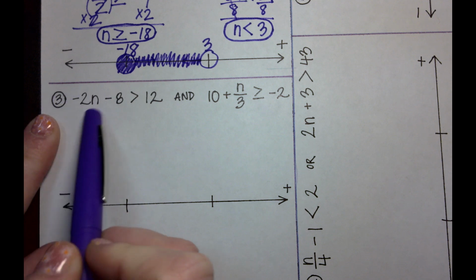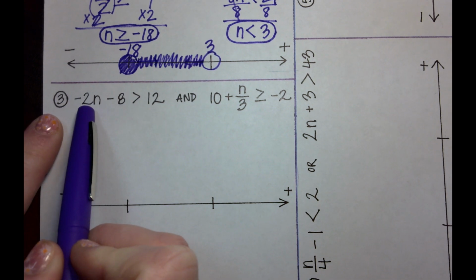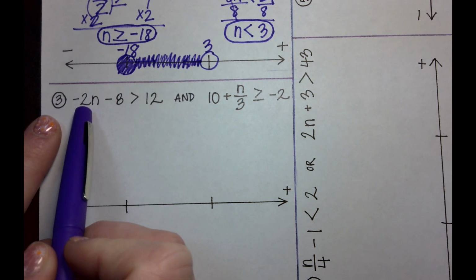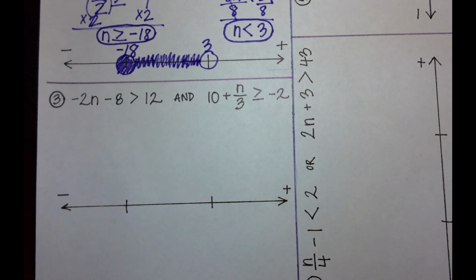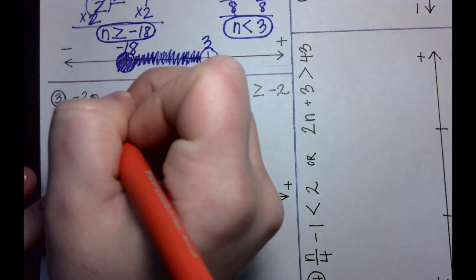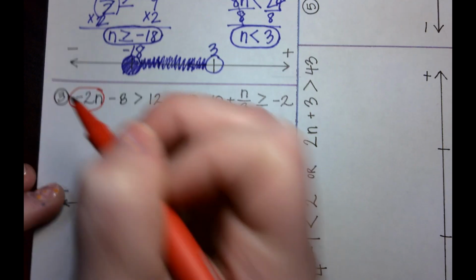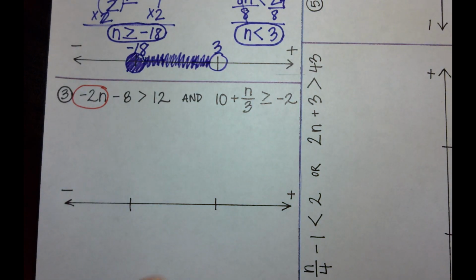So I already know right off the bat, I'm going to be dividing by a negative at some point. So our sign is going to flip. So let's keep that in mind as we solve it. I'll highlight this one. We know we're going to be flipping this. We have a negative here on our variable.